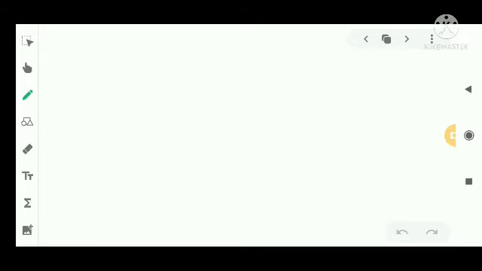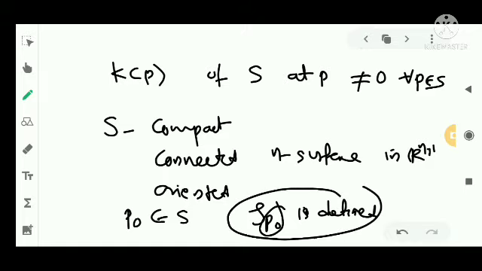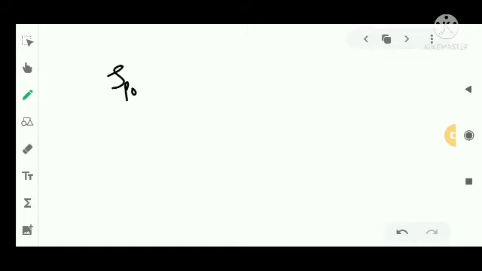Then now this SP naught is definite. So suppose that SP naught is positive definite. Positive definite means the second fundamental form at P naught is positive. That means all the eigenvalues at that point are positive, greater than 0. That means all the principal curvatures at that point are greater than 0.